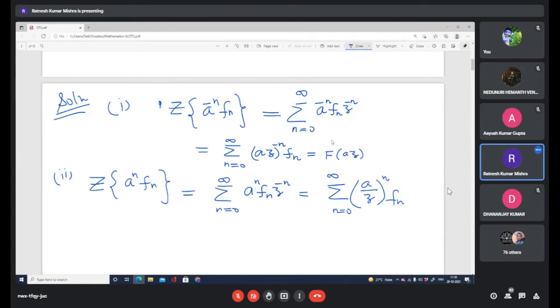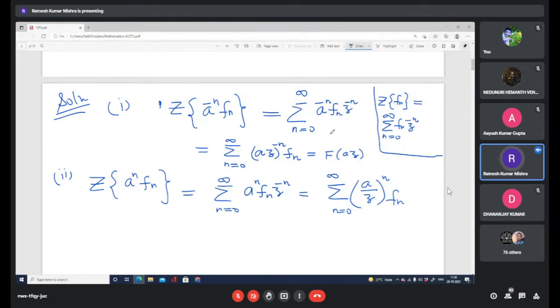See, our result: this is the z transform of the sequence f(n), which is the summation n equal to 0 to infinity of f(n) z^(-n).